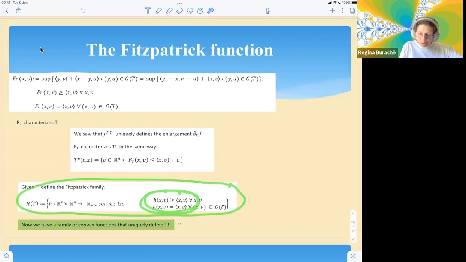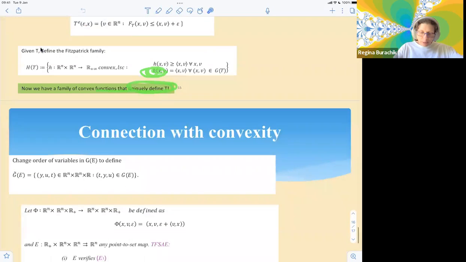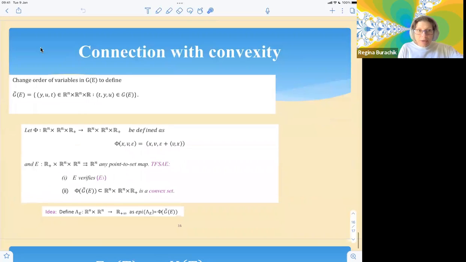They are all the convex functions that verify this Fenchel-Young system. And as I mentioned before, each of these functions uniquely defines the operator T. And now in these last two slides, I will show the connection with convexity.